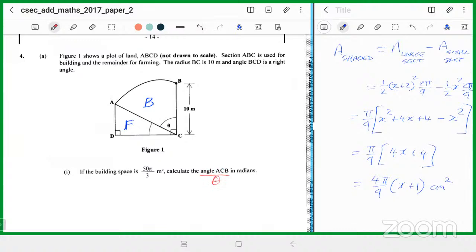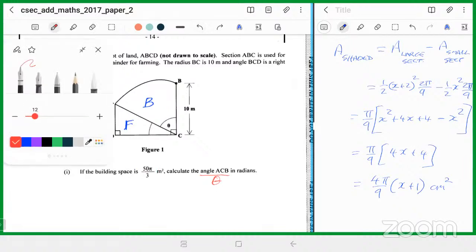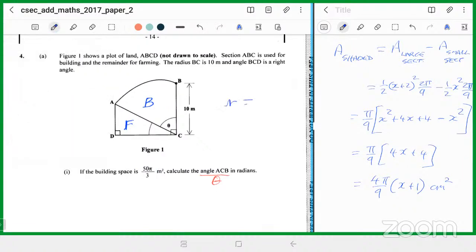All right, and what they did, they gave us the area of the building as 50 pi by 3. So all we have to do is write the expression for the area of a sector and equate it to this. Because we know the radius is 10, and we know that the area is 50 pi by 3.